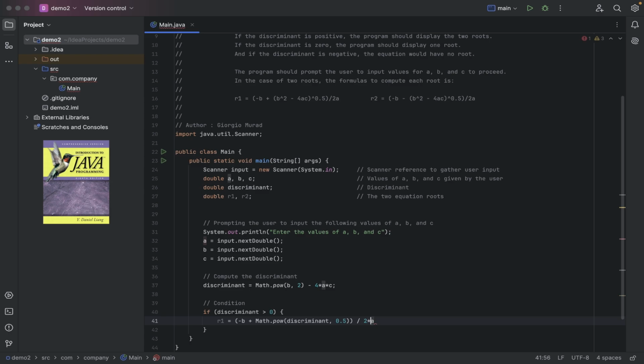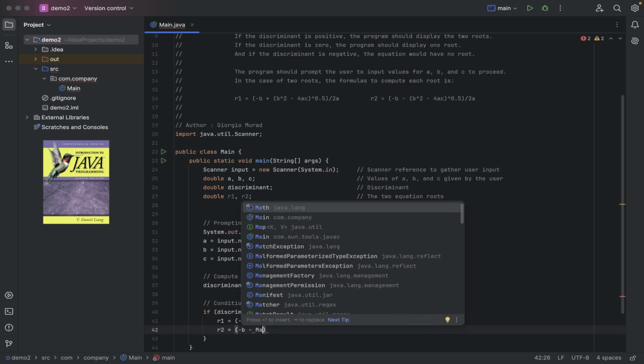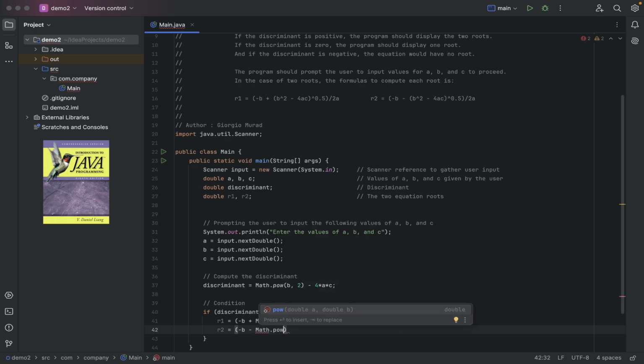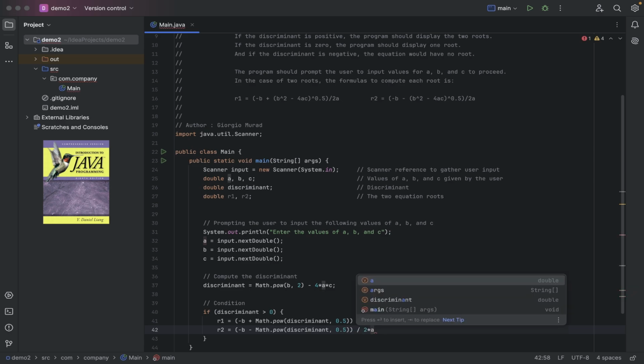Let me separate these. Alright, now getting a value of R2, so minus B minus Math.pow, discriminant, exponent 0.5, divided by 2 times a.